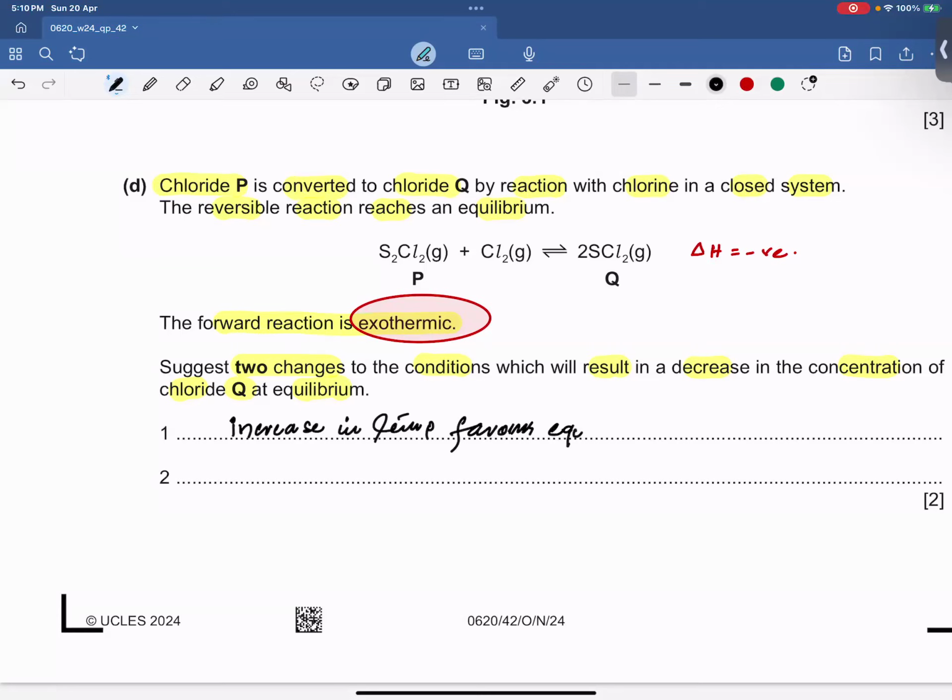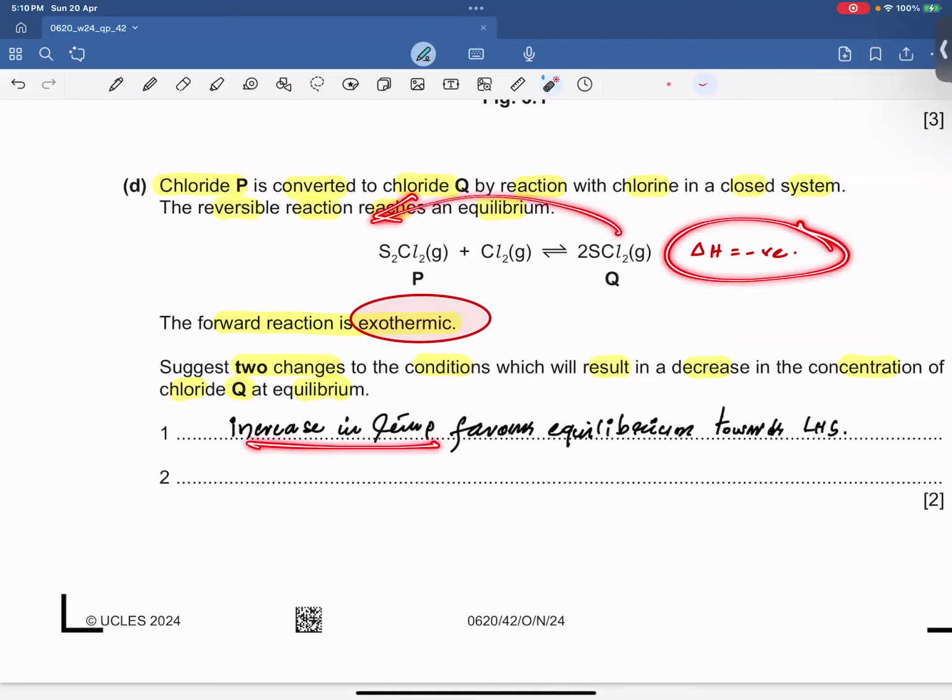Favors equilibrium towards left hand side. Concentration of chloride Q will obviously decrease, because in any exothermic reaction if we increase the temperature, the equilibrium always goes backward, so this will decrease. Okay.